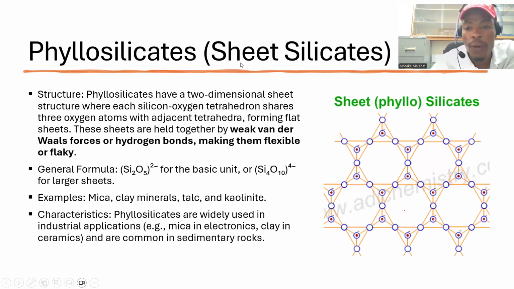Then we've got phyllosilicates. Like I said, these are basically thin, flat sheets which are stacked together, where each sheet is made up of connected tetrahedra.